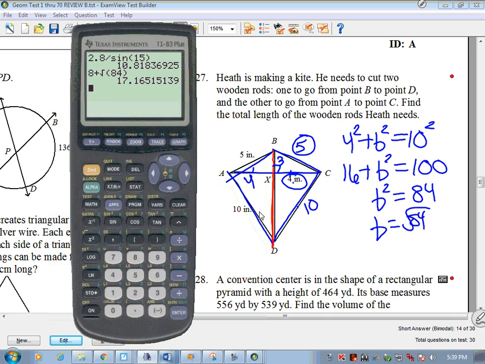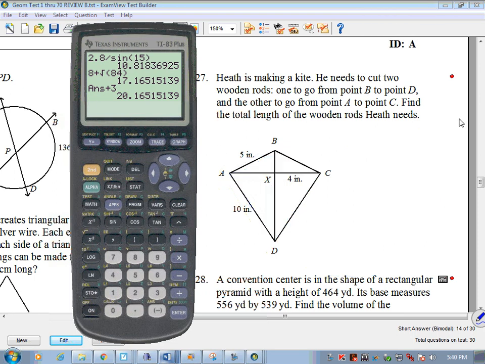The one thing that I forgot about is that this length is the square root of 84. We also need to add 3 to this, that BX, plus 3. So I should get about 20.2. So we're adding all that together, 20.2 inches. Okay, 20.2 inches. Just a few questions left and we're all done.